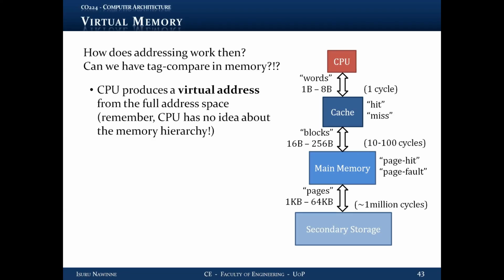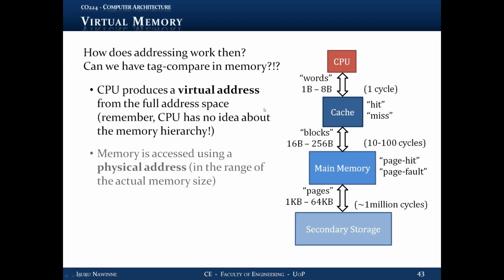So because of that, we need some way to know if the block that is available in the memory is the one that the CPU actually needs, right? The CPU doesn't have any idea about this memory hierarchy. It just generates an address in the entire address space. If it is 64-bit, it can access any one of the 16 exabyte addresses, right?